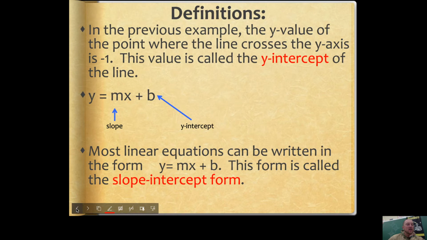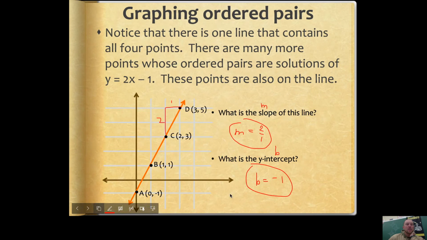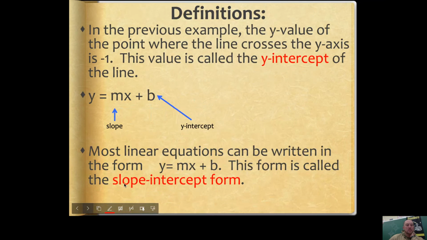So if we went back here for a second, the equation of this line would be y equals 2x plus -1. So anytime you're in slope-intercept form, it's really easy to find your slope and your y-intercept.